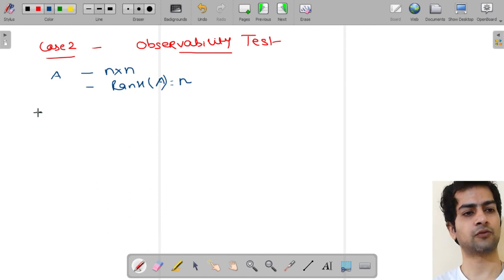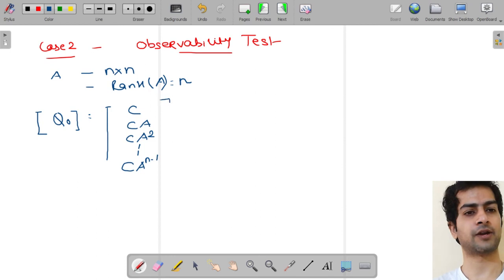Then we have to form observable matrix. It will be something like this: C, CA, CA square, up to CA to the power n minus 1, where n is the order of A matrix.